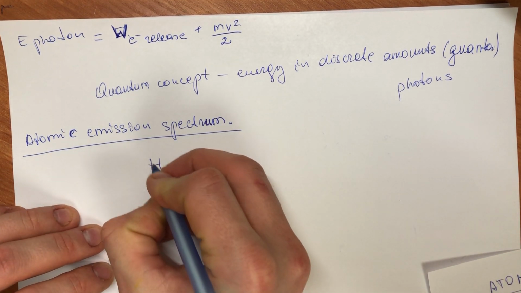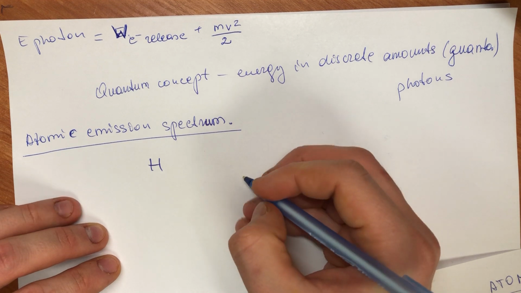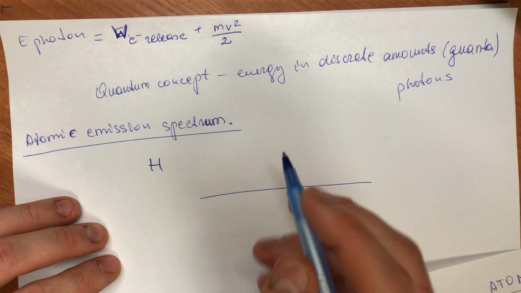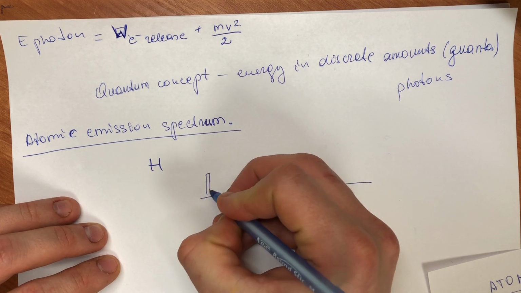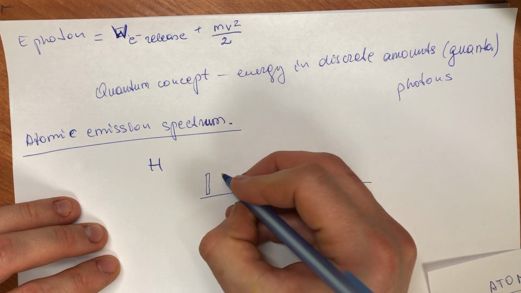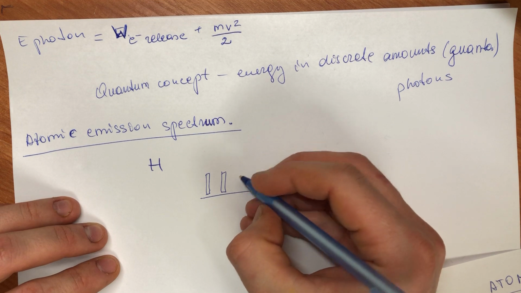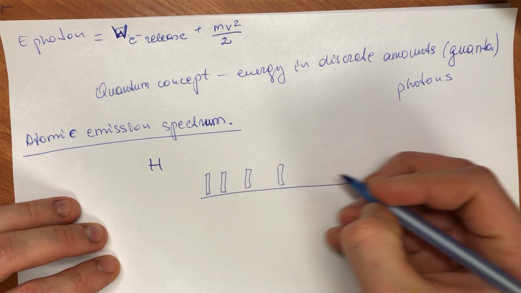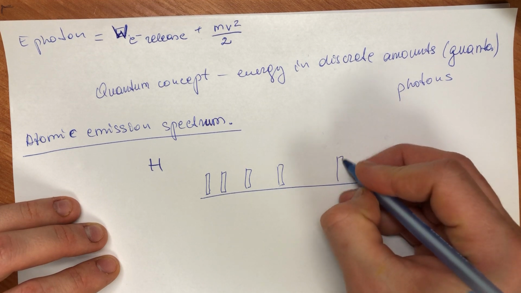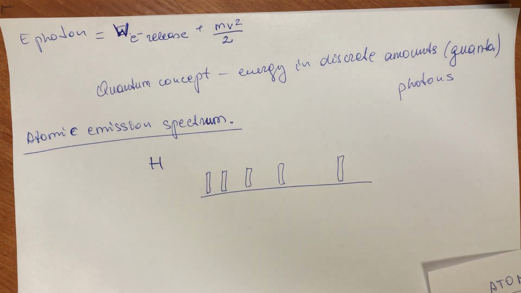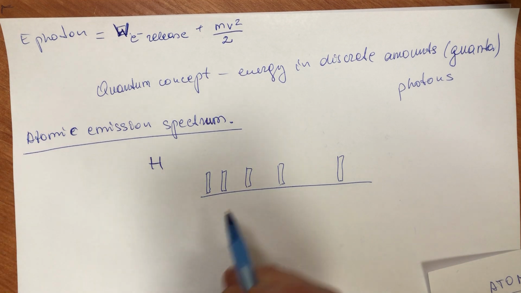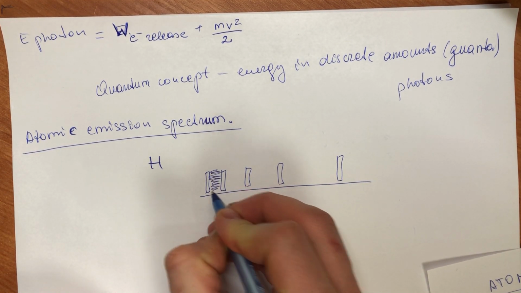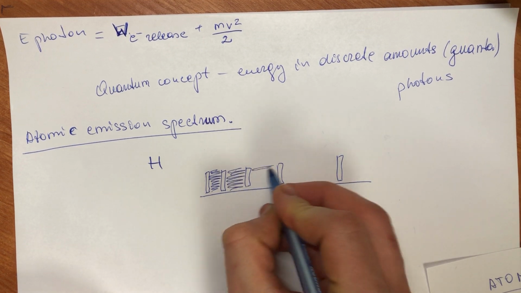For example, hydrogen produces some kind of narrow wavelength light, and all the rest here would be black.